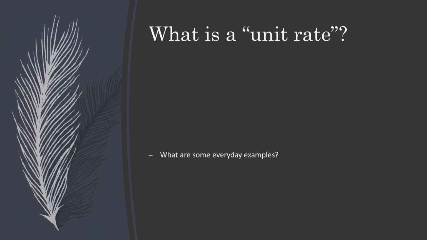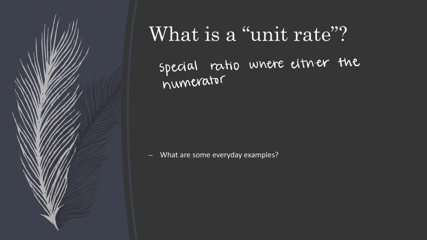A unit rate is just a special kind of ratio, where either the numerator or the denominator is 1, because we represent ratios as fractions.